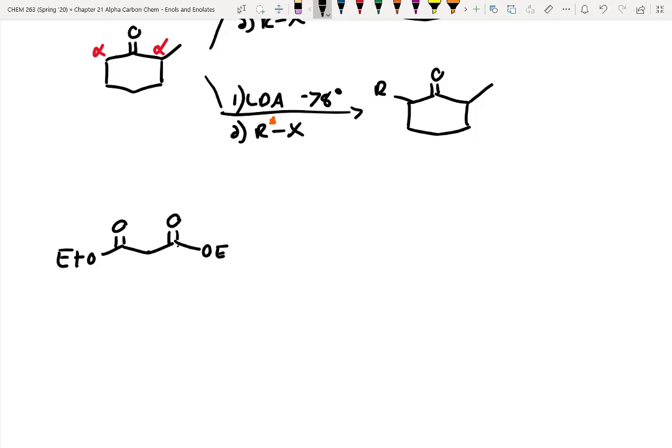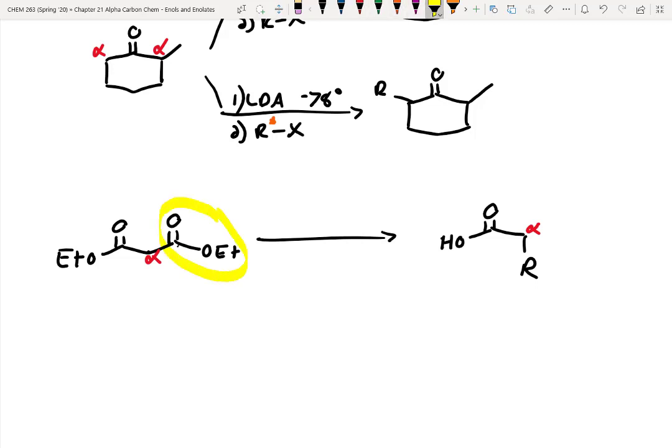First one, we had diethyl malonate, and our goal, if you recall, is to make an alpha alkylated carboxylic acid. So this alpha position right here is the same alpha position that we had over here. This whole half of the molecule was lost as CO2.